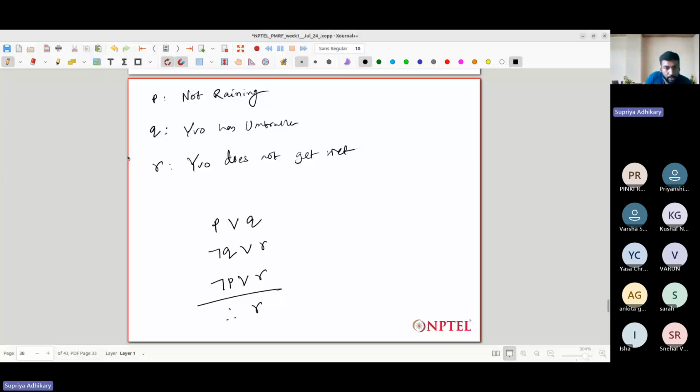So if this is our hypothesis 1, P1, P2, P3, just name it, and this is our conclusion C, we can say that this is true when P1 conjunction P2 conjunction P3 conjunction negation of C is not satisfied.